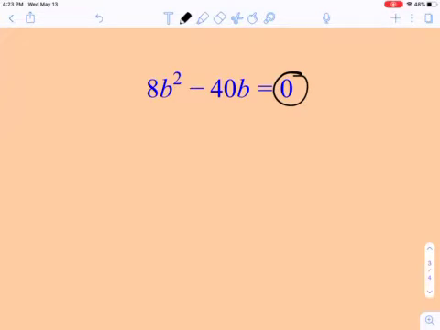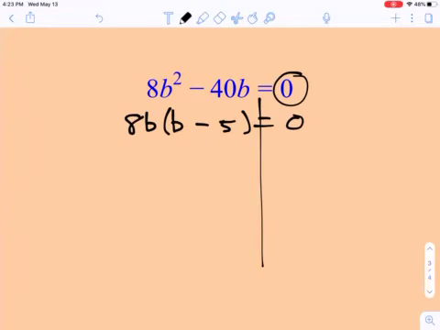Well, I know that I can take an 8 out of both of those. That's my greatest common factor of the coefficients. My greatest common factor of the variables is b. And then that just leaves b minus 5 equals 0 over here. And if you don't trust your work, just multiply it out. See if it works. All right, and I'm pretty confident that's right.